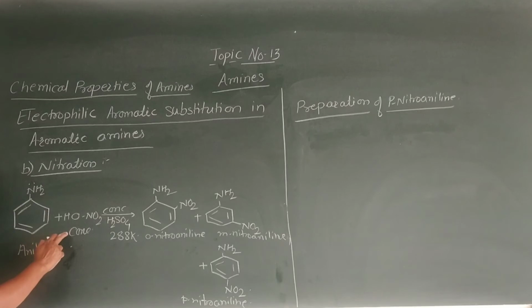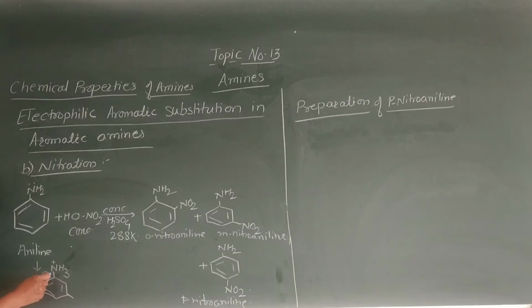And in presence of concentrated HNO3 and concentrated H2SO4, this NH2 group undergoes protonation to give protonated aniline. That is, this NH3 plus ion is formed, and this NH3 plus group is meta-directing.